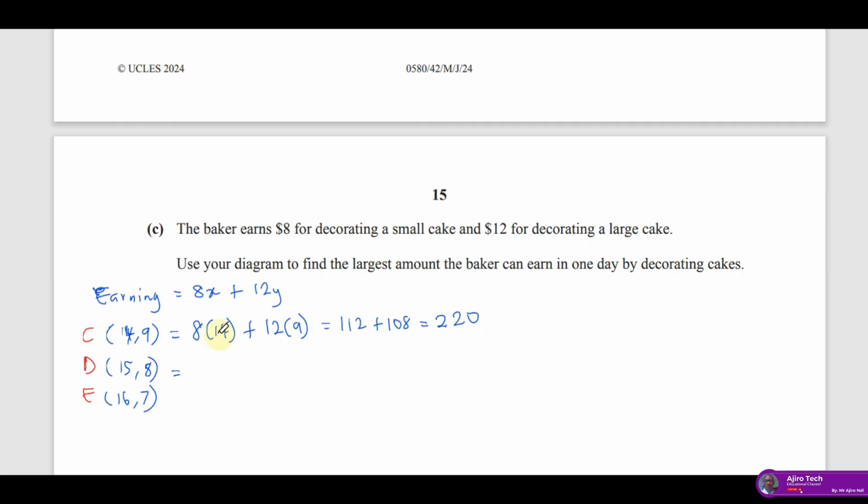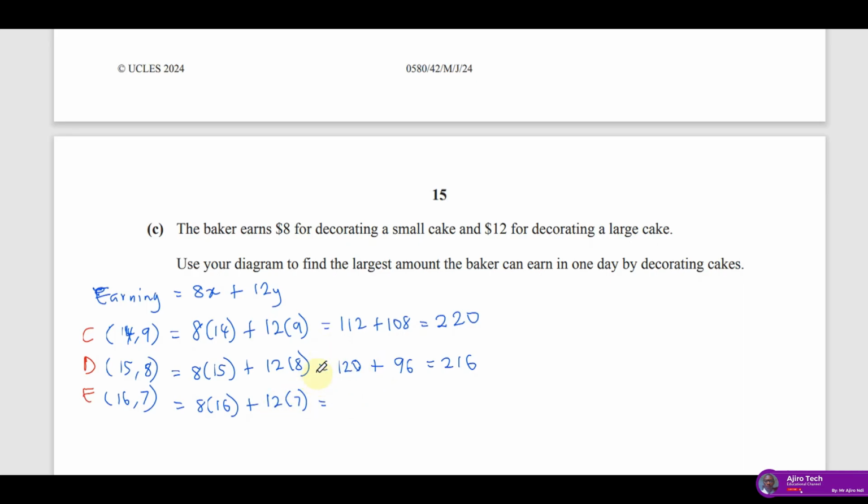So at this point, we have 8 into 15 plus 12 into 8. We have 120 plus 96, that is 216. At this point, we have 8 into 16 plus 12 into 7.